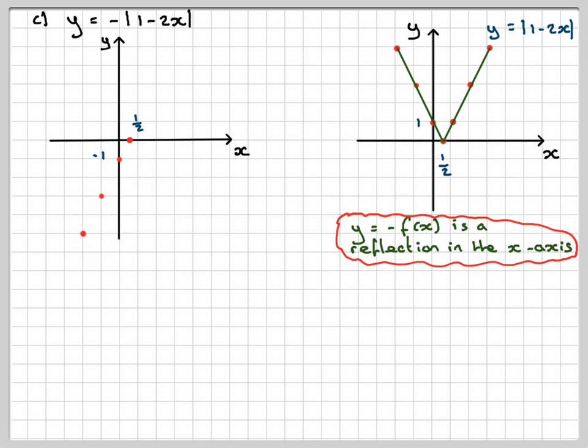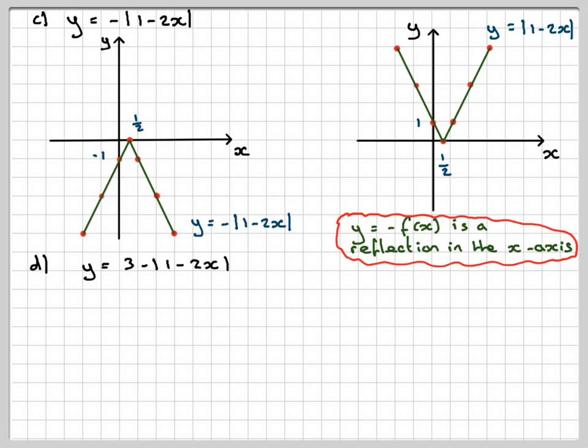And then for this similar sort of idea here, this point here will reflect to this point here. So this point here will reflect to this point here. Okay, and then for every one along we go 2 down, every one along we go 2 down. And then this is the graph of y is equal to minus the absolute value of 1 minus 2x.